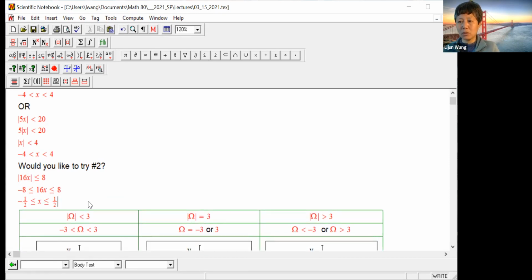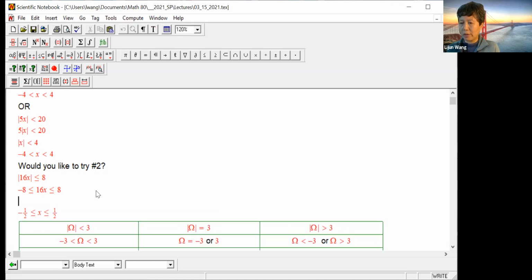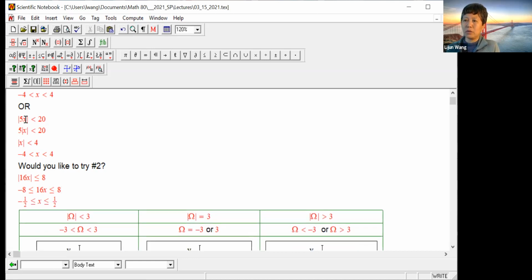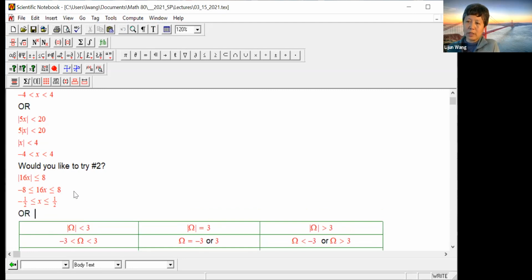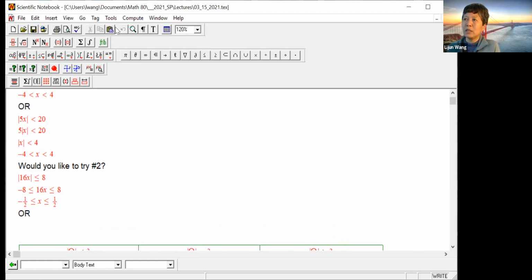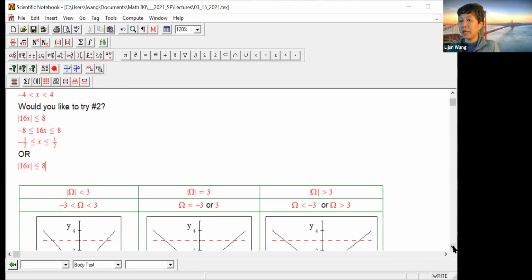This is the absolute value, less than or equal to 8. Of course, you can do it the other way: divide both sides by 16. Either way works. You can see these three major cases, though I'm not excluding other special cases.